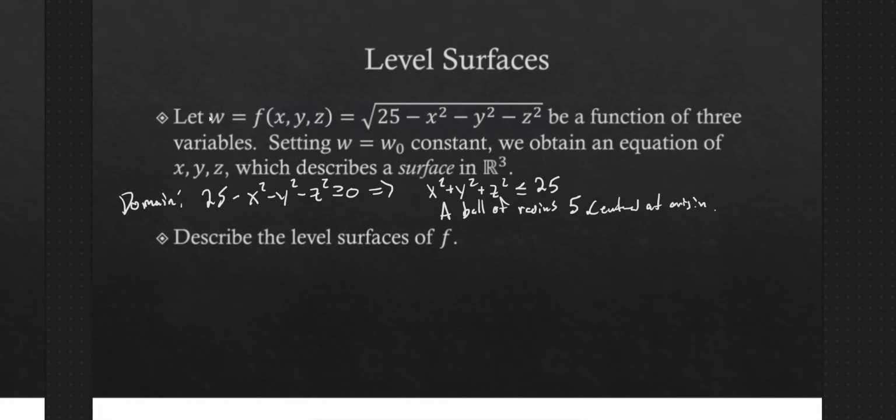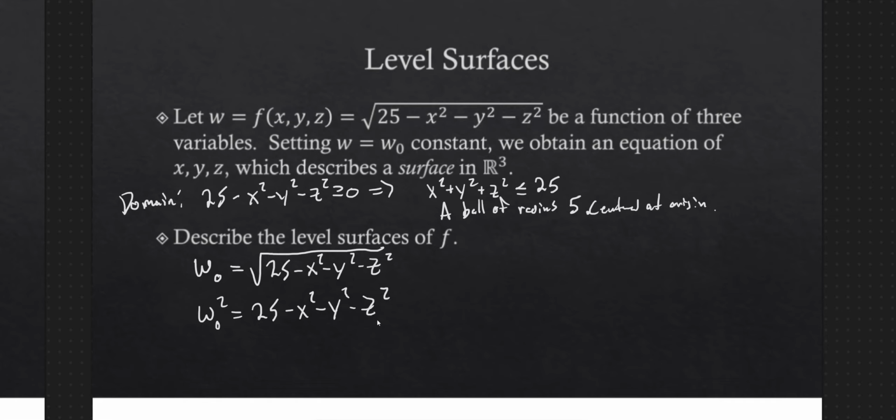So if I fix w equal to some constant, I'll set w naught equal to the square root of 25 minus x squared minus y squared minus z squared. I'll square that. I'll add w squared over.